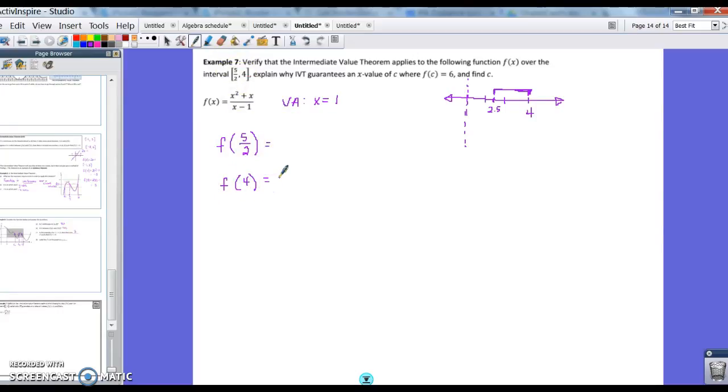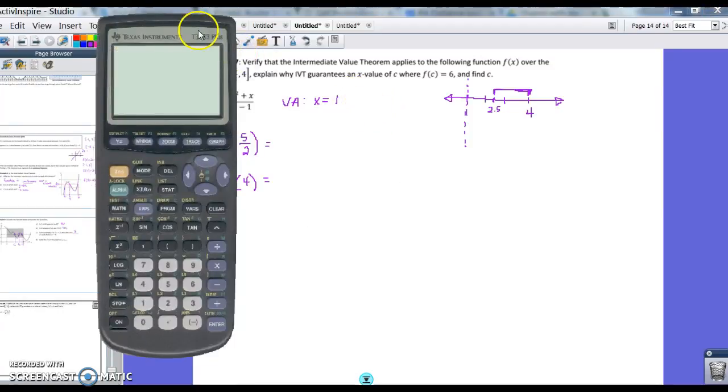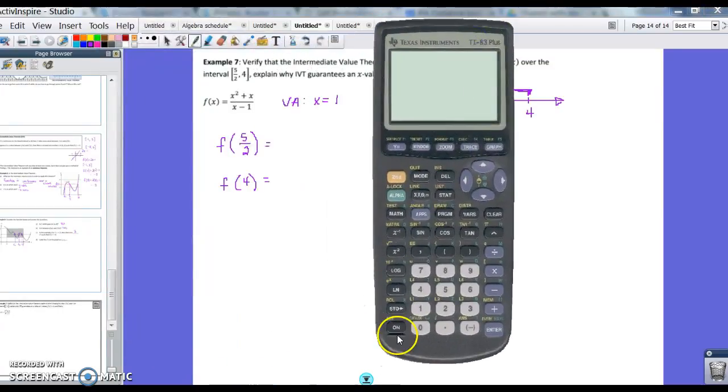In the interest of time, I'm just going to do this on the calculator. Let me pull up my calculator here. We can just put this function in our calculator: x squared plus x over x minus 1.